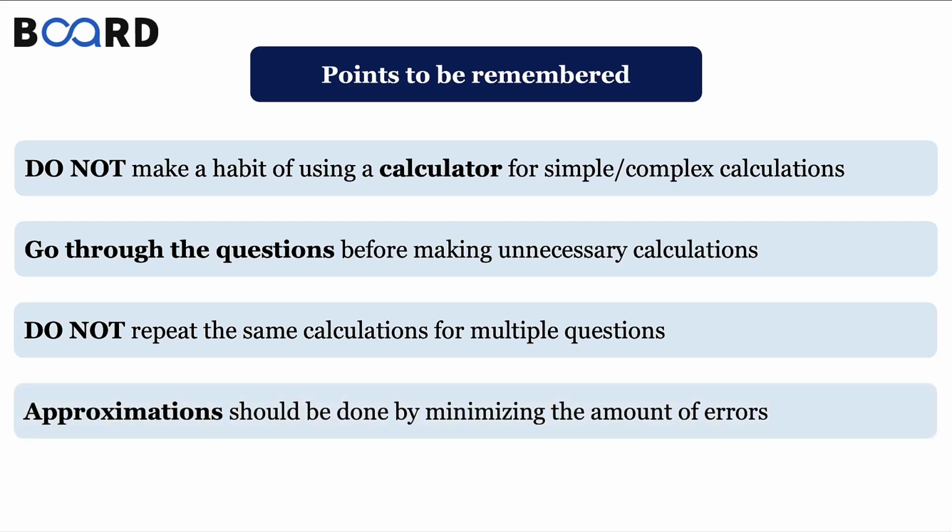And the next one is, approximations should be done by minimizing the amount of errors. I can consider 7652. I can consider 10% of that as 765. That's okay. Why? Because 0.2 doesn't make a huge part of 7652. No problems with that.